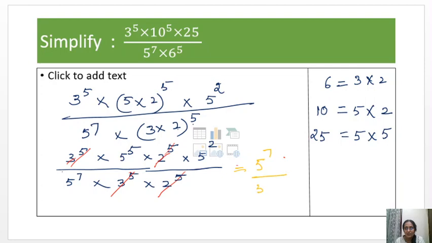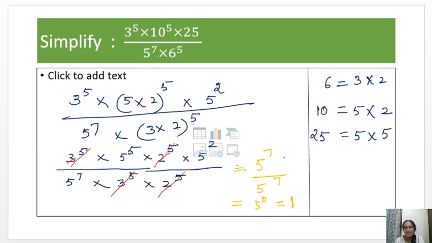What is the denominator? 5 power 7 is left. So the final answer is 5 power 7 divided by 5 power 7: a power m divided by a power n is a power m minus n, 7 minus 7, it is 5 power 0, which is equal to 1.